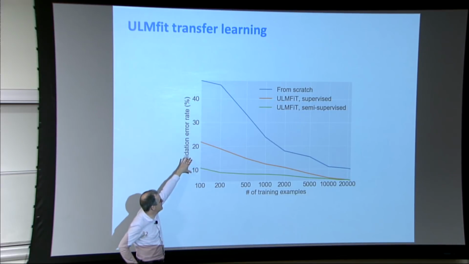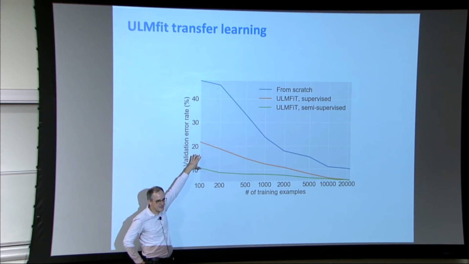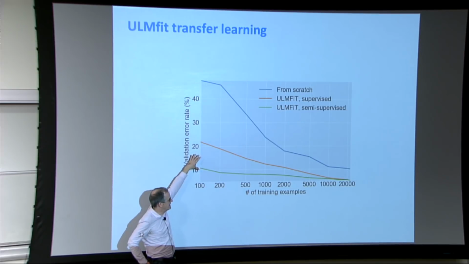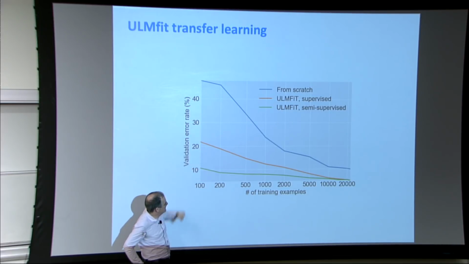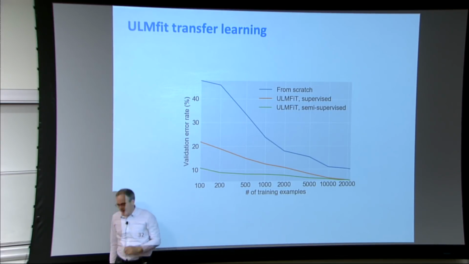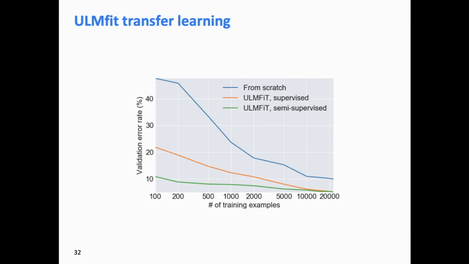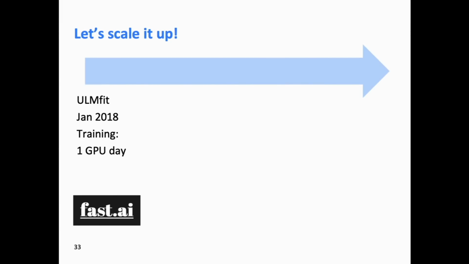And the difference between these two lines corresponds to the extra phase that they had in the middle of theirs, which is whether you're doing this extra fine-tuning on your target domain as part of your process, and they found that to be pretty helpful. Okay, so that is another precursor.